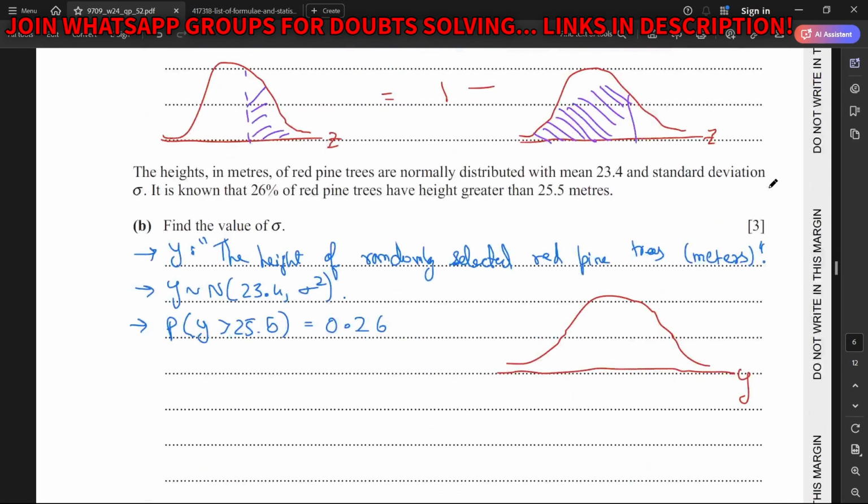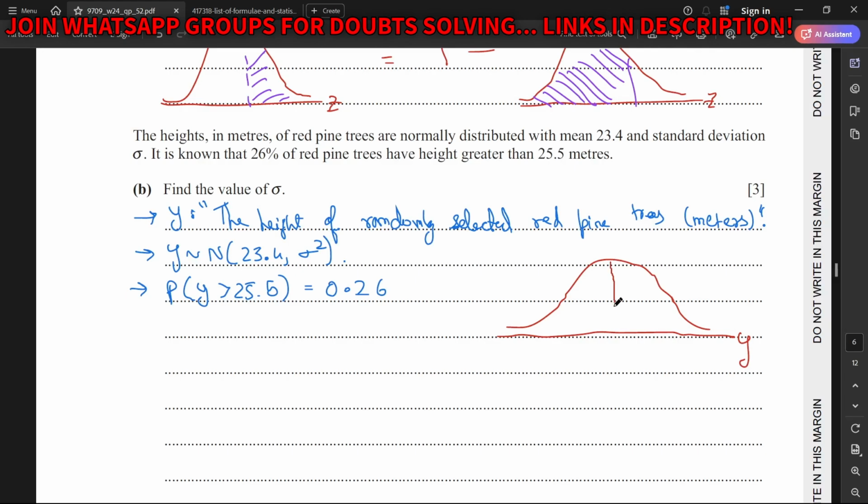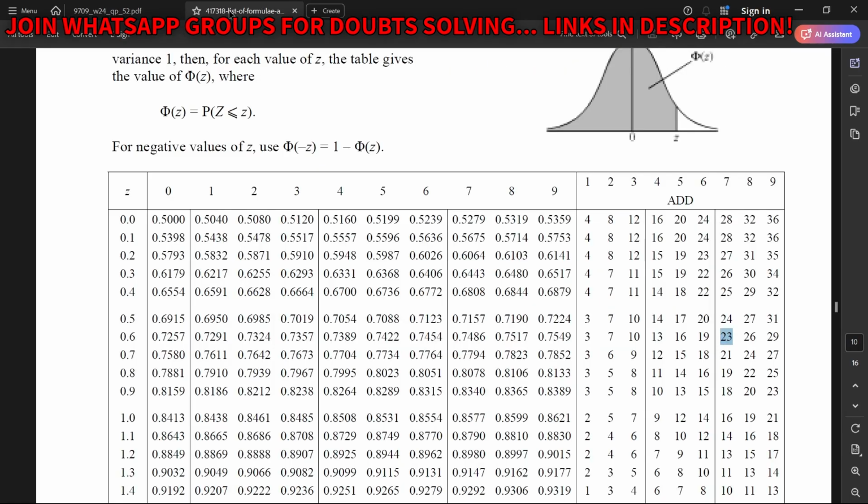Now I'm drawing for y, and therefore the mean value is not 0 but 23.4, and 25.5 is towards the right of 23.4. Let's say this is 25.5 and this area is 26%, or 0.26.